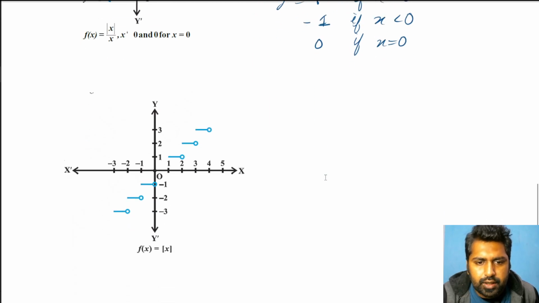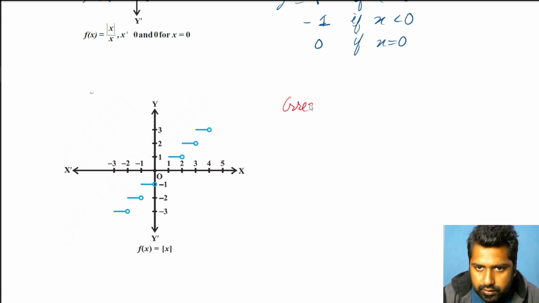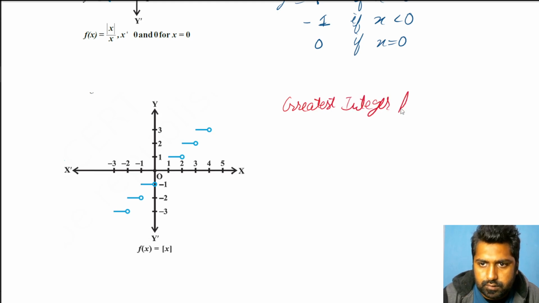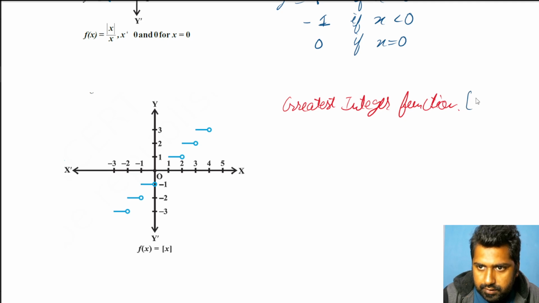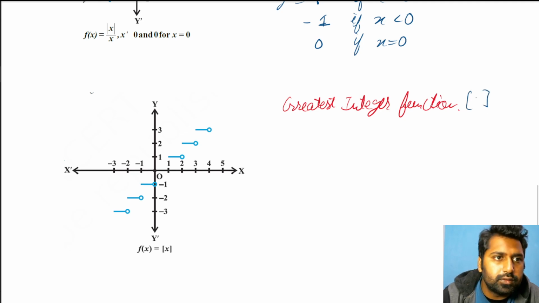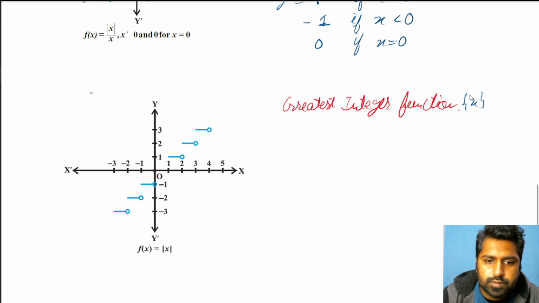Then comes your greatest integer function. This I will explain again. Greatest integer function. It is represented by square bracket.